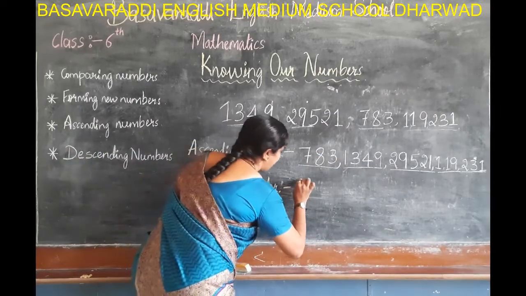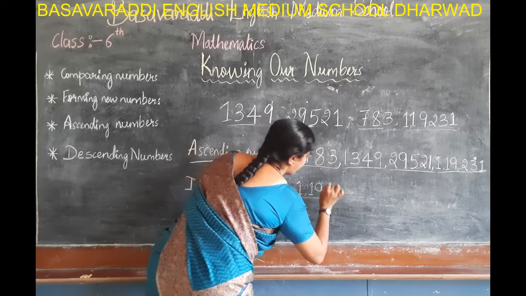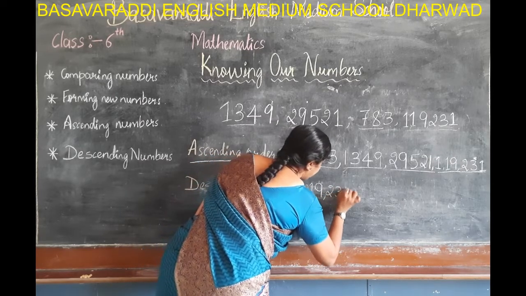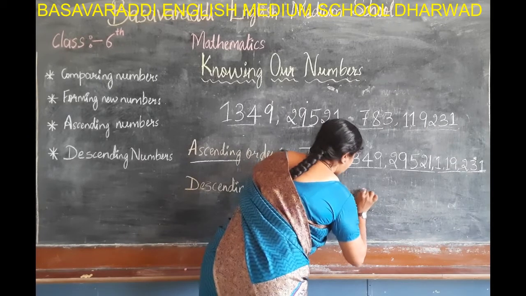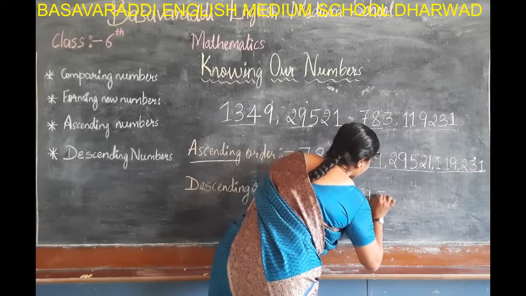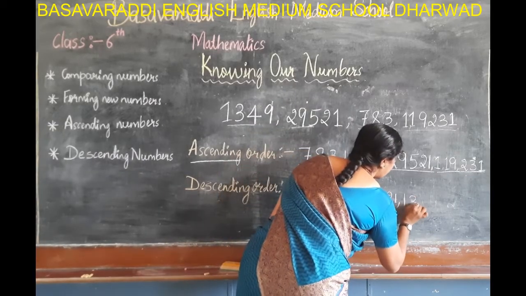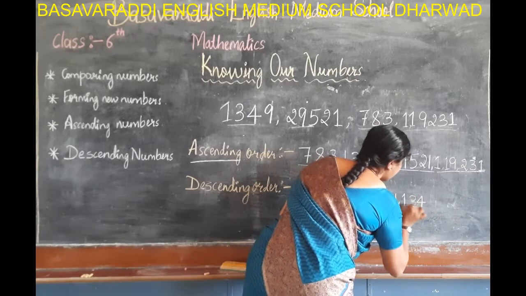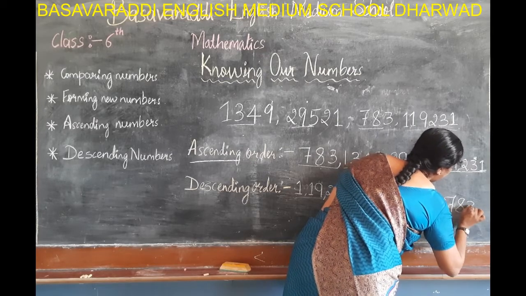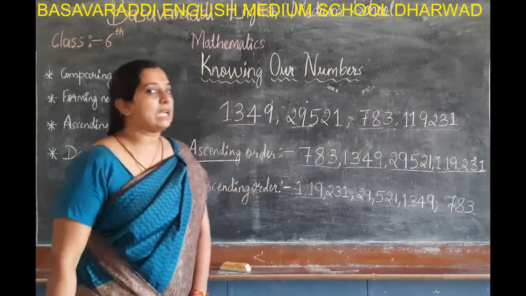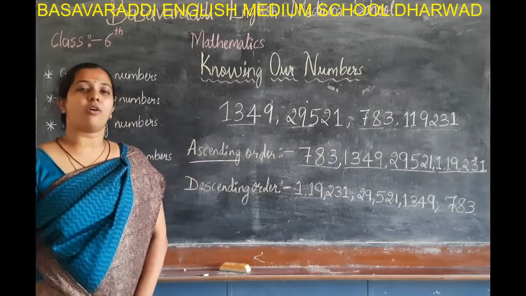So we have the greatest number 1,19,231. Then next 29,521. Then 1,349. And at last we have 783. Understood this part, children? Okay. Thank you.